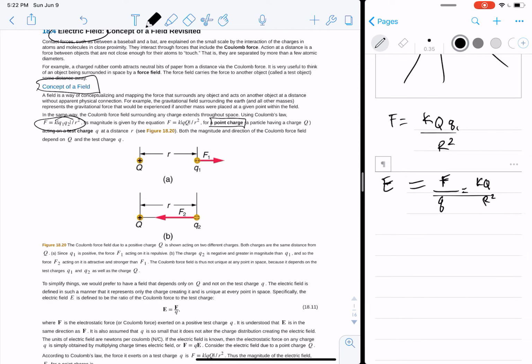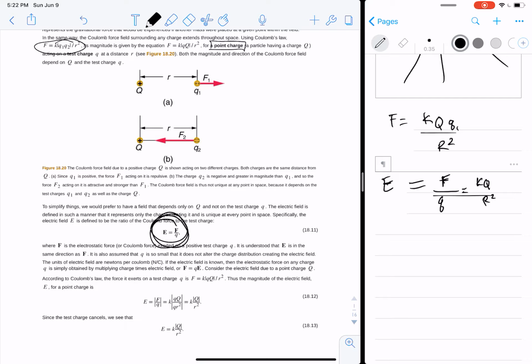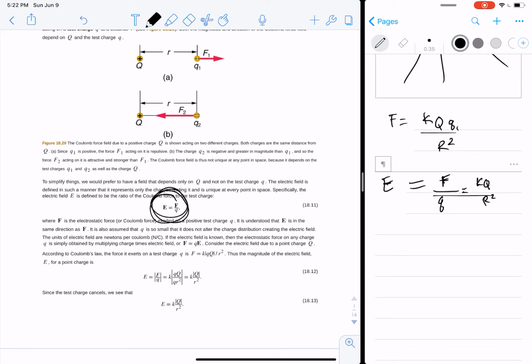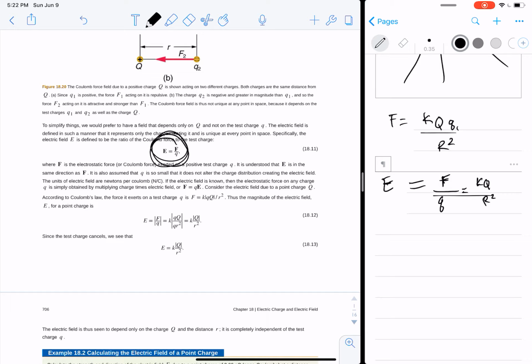So then the electric field, if we go back to the left side, is determined by the force experienced by a test charge divided by the charge of the test charge, because it doesn't matter what the charge of the test charge is, we want to know what the strength of the capital Q is. And whatever charge you put in there is affected by this electric field. So this is a way to cancel out any other charge you might put in there and look at the characteristics of a single charge.